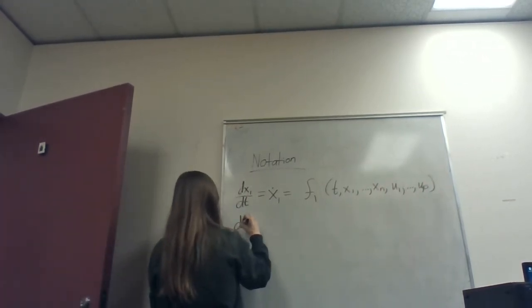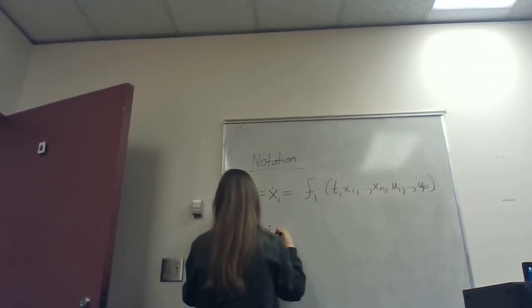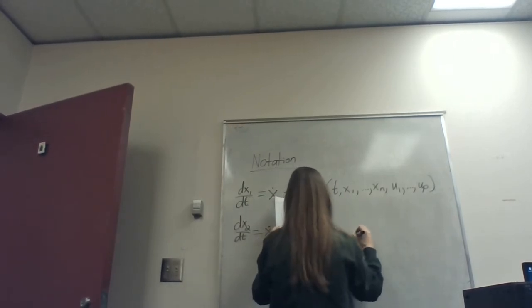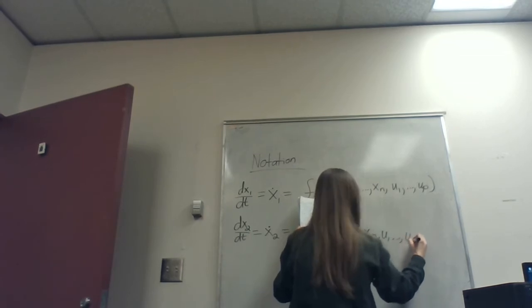So then we can write one for dx2 over dt equals x2 dot equals f2 of t, x1, dot dot dot, xn, u1, dot dot dot, up.